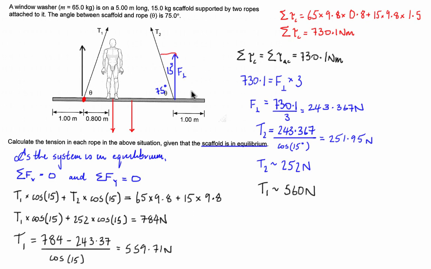So I had the vertical component of this tension. All I had to do was find the vertical component of this tension and then make sure that I converted it back into its component in the hypotenuse of this force triangle here.